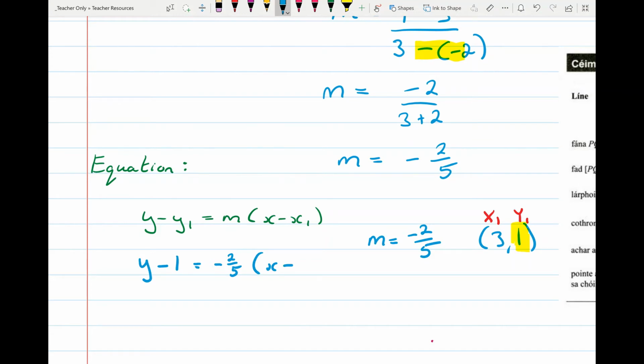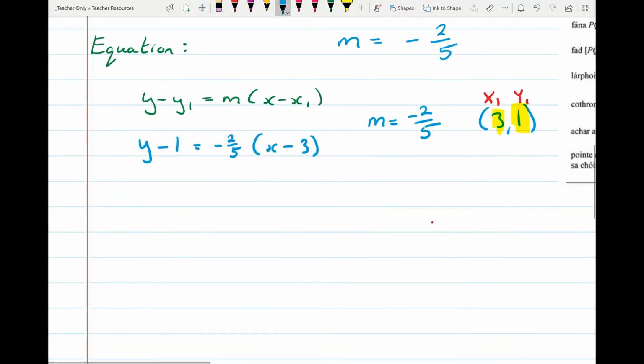That is a point because it's x1, so that'll be replaced with 3. That's the value x1 has on our point. So notice how we only had 1 point and we subbed in both coordinates from that 1 point. We do not need a second point. Our equation of a line will have an x and a y in it at the end.